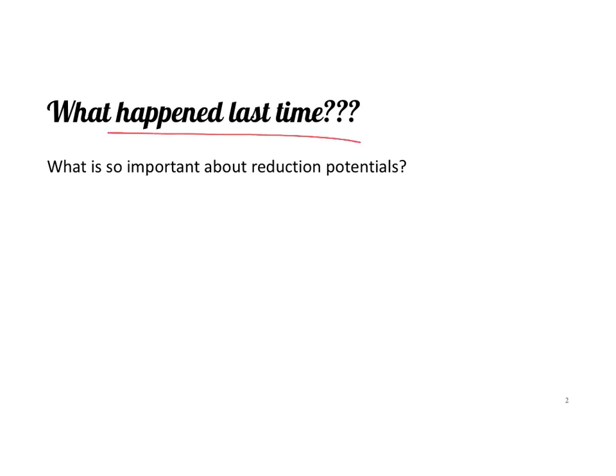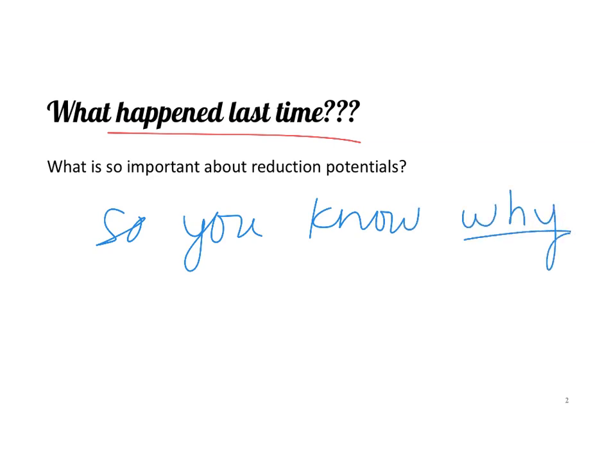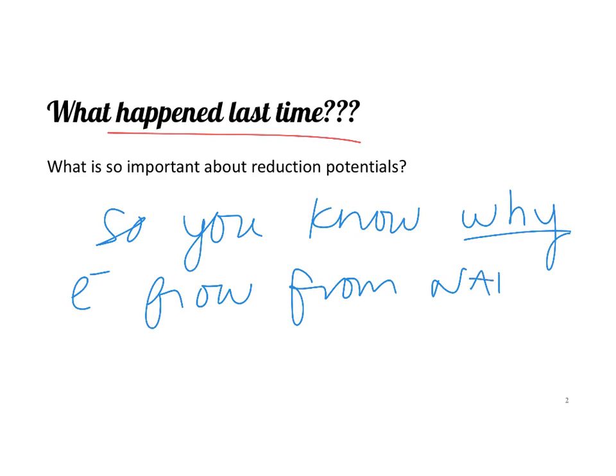Okay, so what happened last time is that we went through the electron transport chain, going through all the different electron acceptor molecules or ions. And the reason why we do this, and we do it with the math, is so that you know why electrons flow from NADH or FADH2 all the way to oxygen, okay?